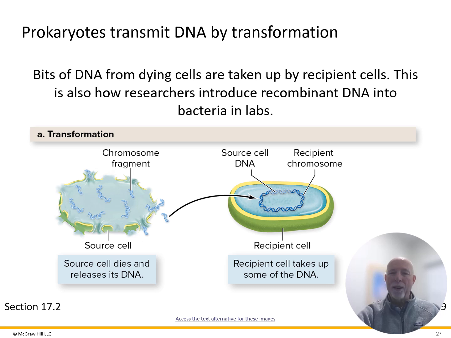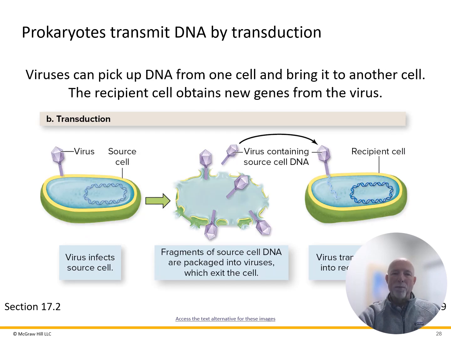It allows scientists to do some pretty quick laboratory work by introducing what we call recombinant DNA. We can make bacteria do certain things in the lab by this kind of reproduction, what we call transformation, where the parent cell dies.